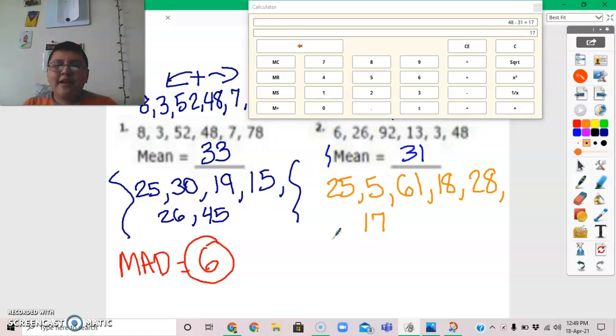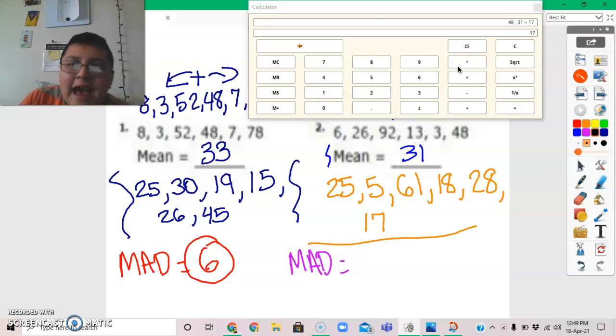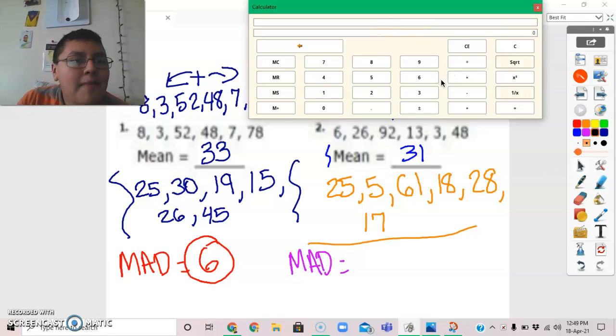So now we created a new set of numbers, and now we're going to find the MAD, which, as I said, is the mean absolute deviation. So we're going to do the same as we did for finding the mean. We're going to add all of them and then divide by how many numbers there are.